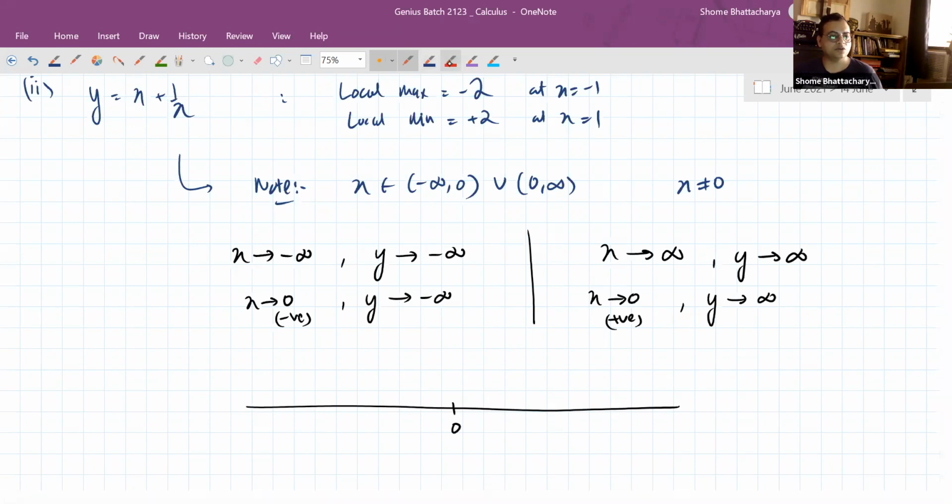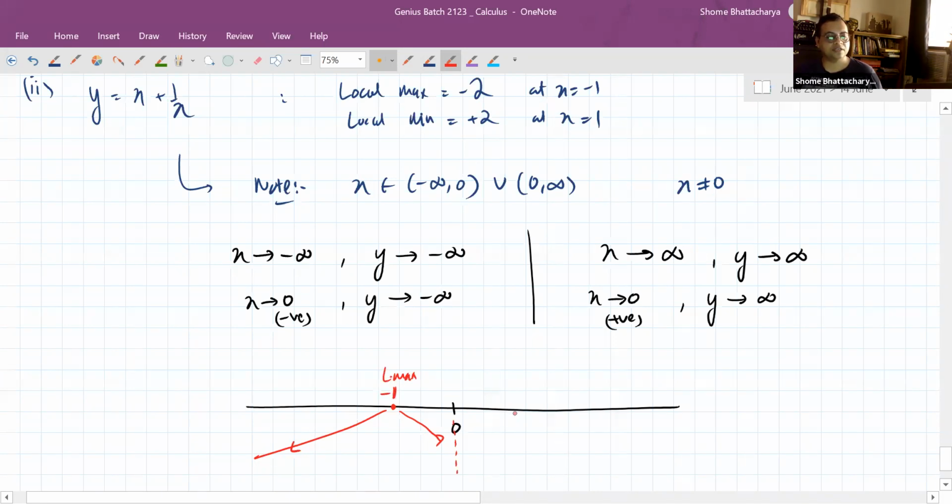What is happening before 0 and what is happening after 0. So before 0, what is happening is that it's going to minus infinity. But you can't take the point 0. And again, it's going to minus infinity on this side. But in between, it is reaching a local maxima at the point x equal to minus 1.